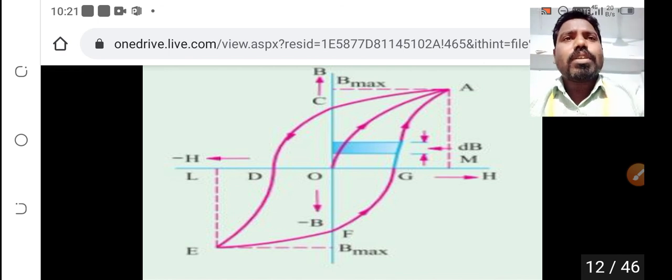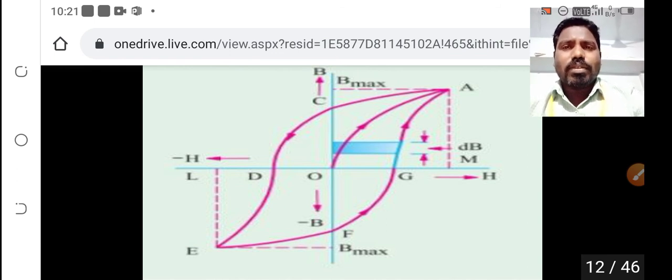To remove this retentive property in a magnetic material, whatever force is applied is called the coercive force, or coercivity.